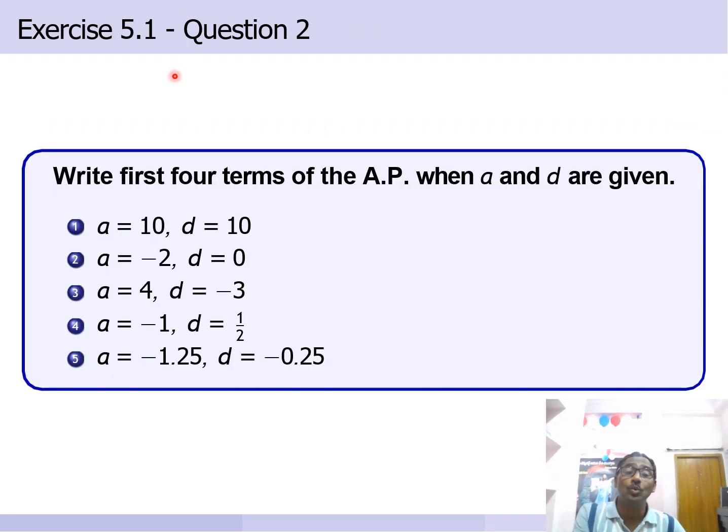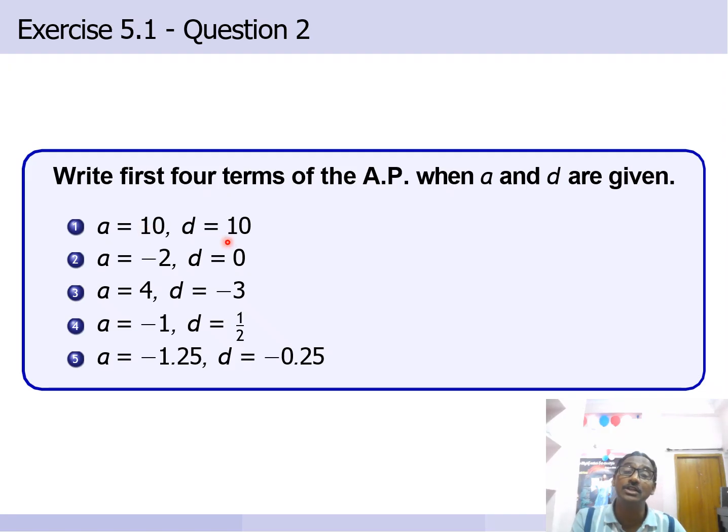Now question 2, exercise 5.1, question 2. Write the first four terms of the arithmetic progression when A and D are given. A, the first term, is given, and D, the common difference, is given. A is 10, D is 10. They are asking for the first four terms. What will be the second term?